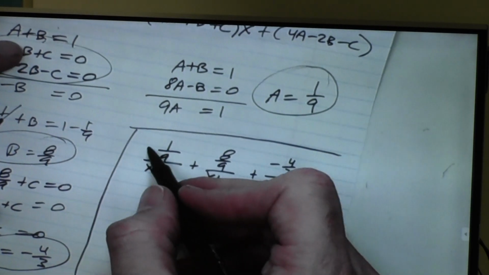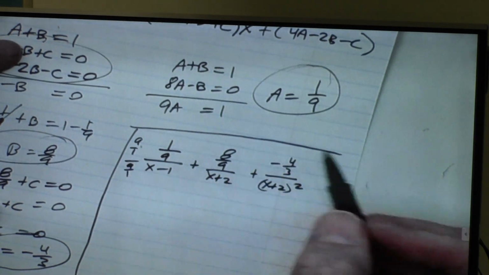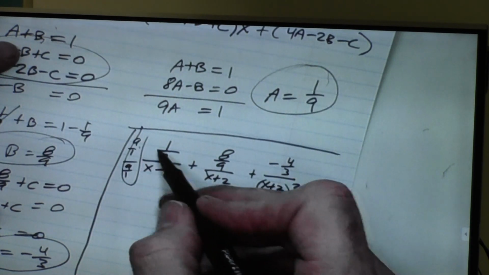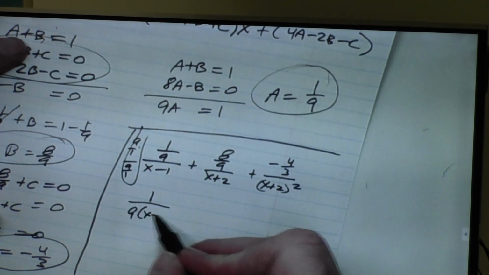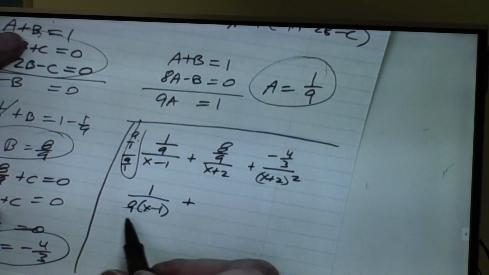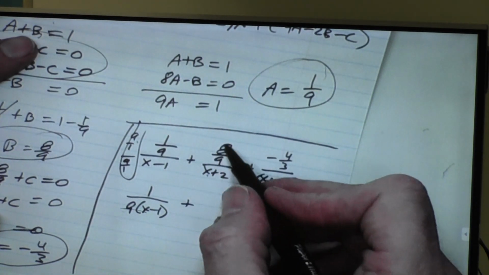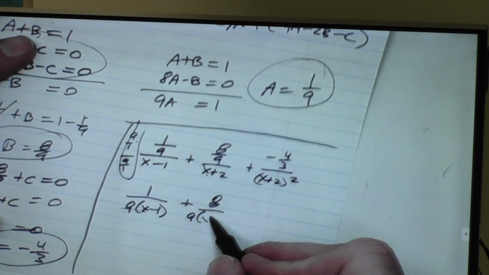So what you do here is, in this case, let's multiply by 9 over 9, because I'm multiplying by 1. Those 9's cancel out here and I get 1 over 9 times x minus 1. You don't actually have to multiply that out. It's okay to leave it already done and factored. I'm going to do the same thing here and multiply top and bottom by 9. So I get 8 over 9 times the x plus 2.